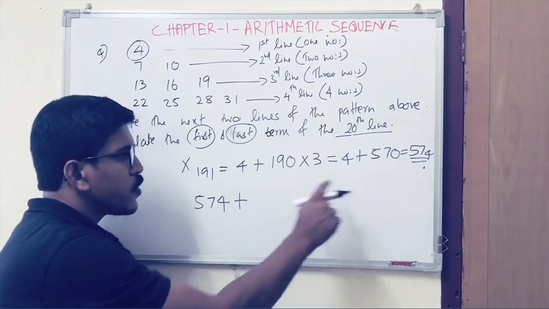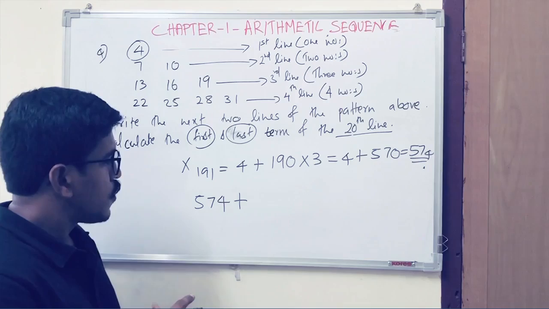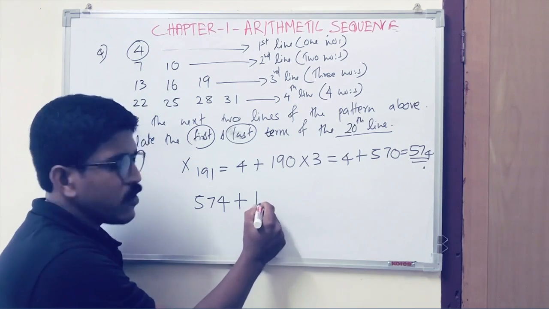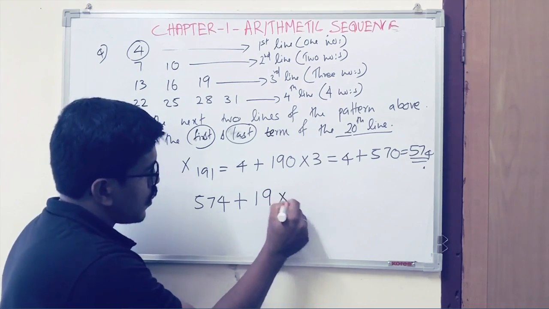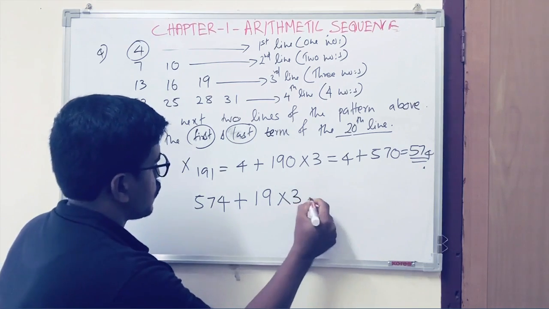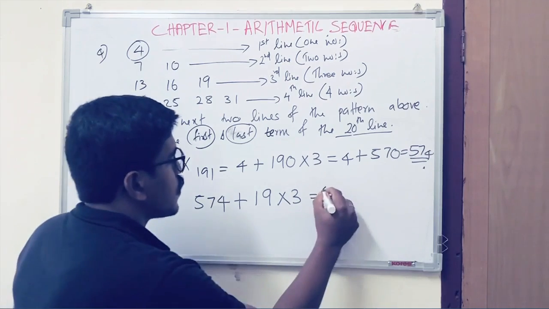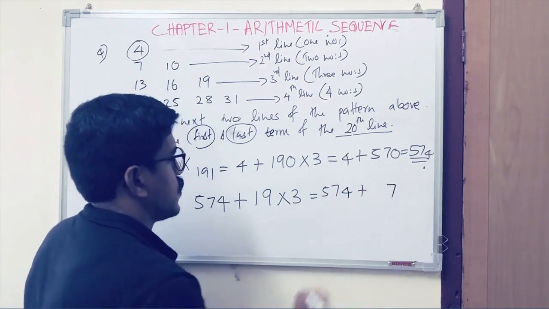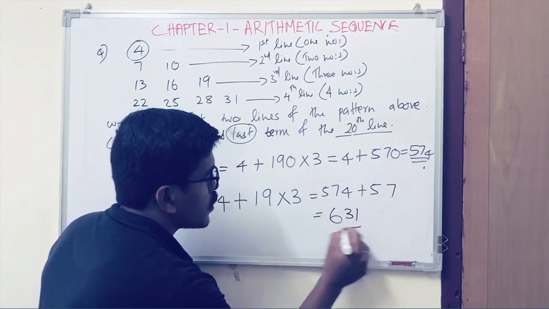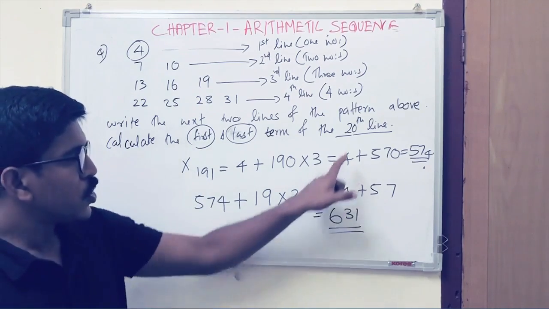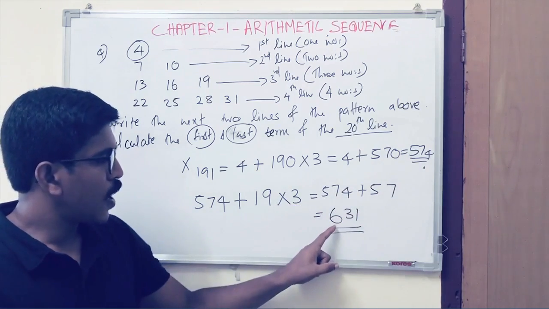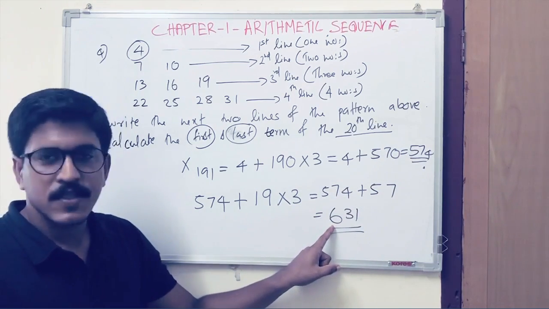So we need to add 19 times the common difference, that is multiply 19 into the common difference 3. That is 574 plus 57, that is 631, the last term of the 20th line. The first term of the 20th line is 574 and the last term of the 20th line is 631.